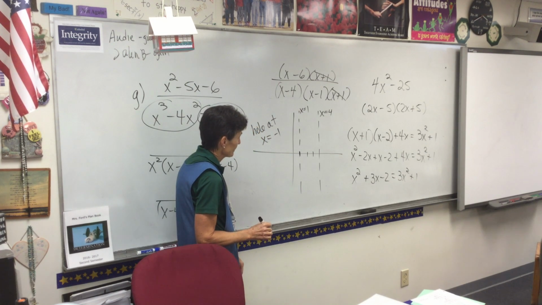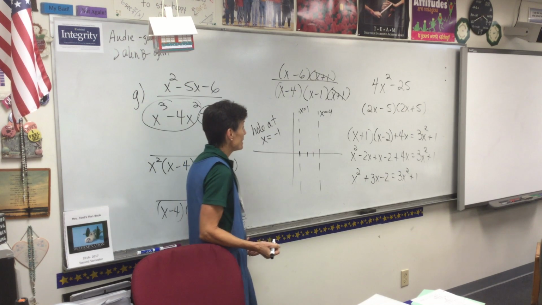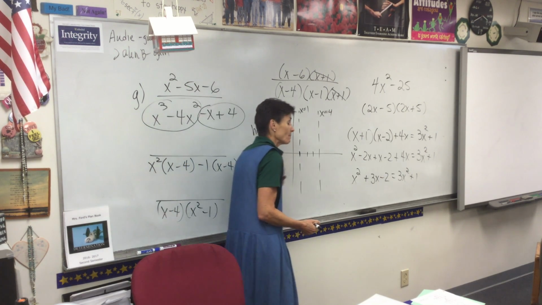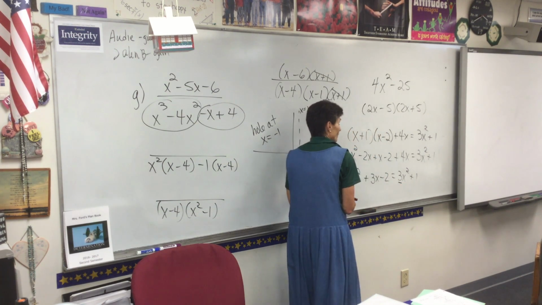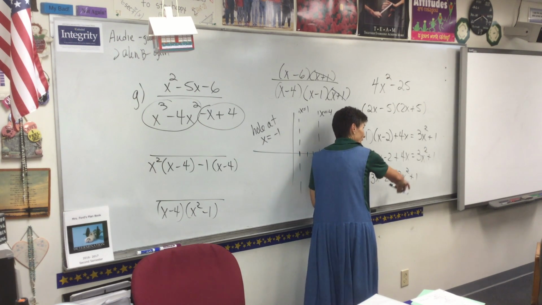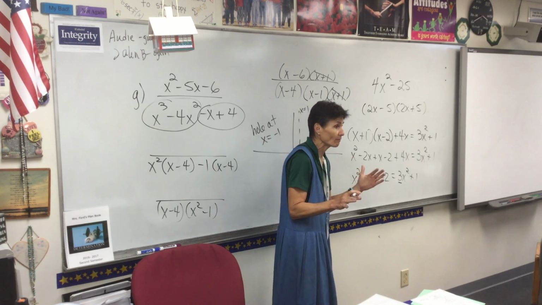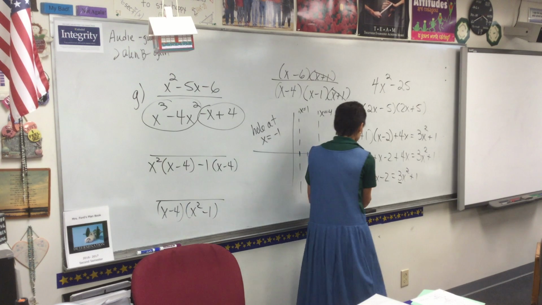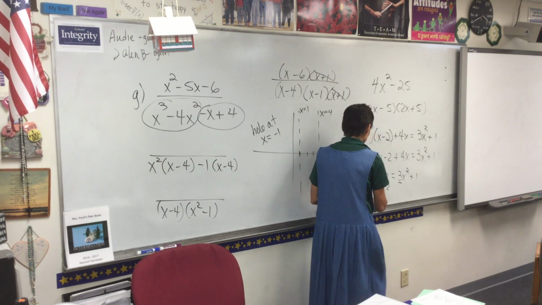We have to get everything on one side. Does it matter which side we go? No. Personally, I like this to be a positive number. So instead of subtracting 3x squared, I'm going to subtract x squared, but you can do it however you want. You have to get it set equal to 0. So I'm going to subtract x squared, subtract 3x, and add 2.